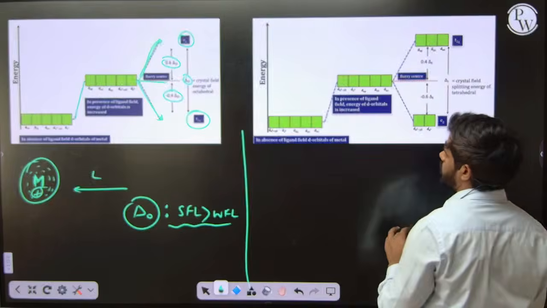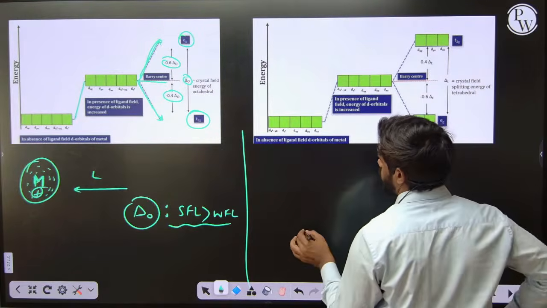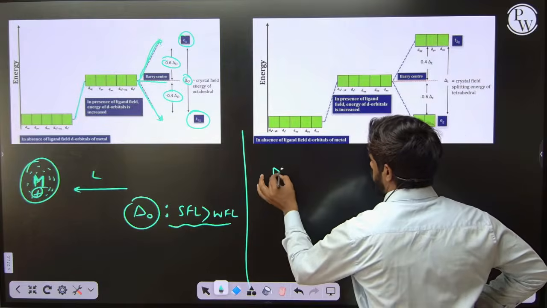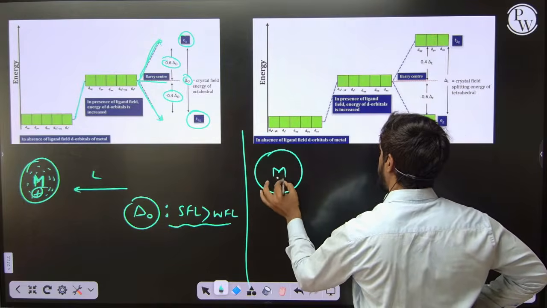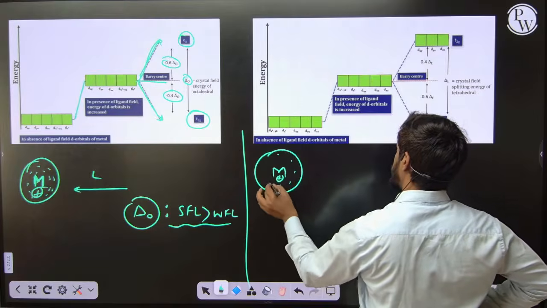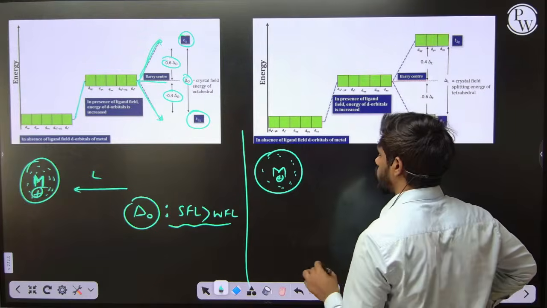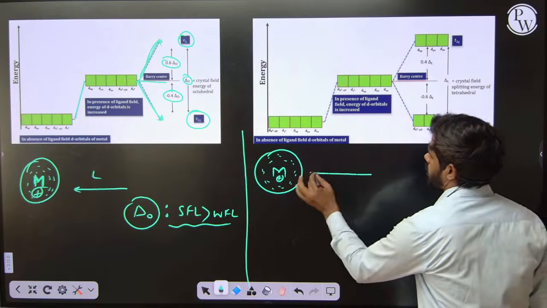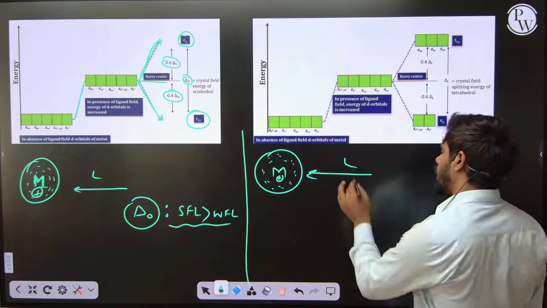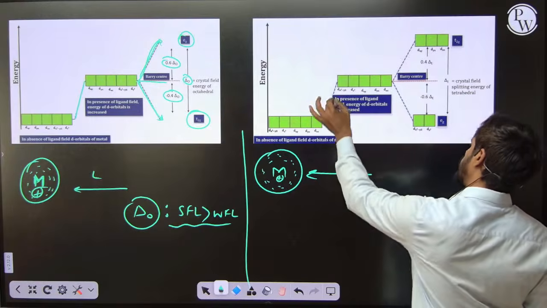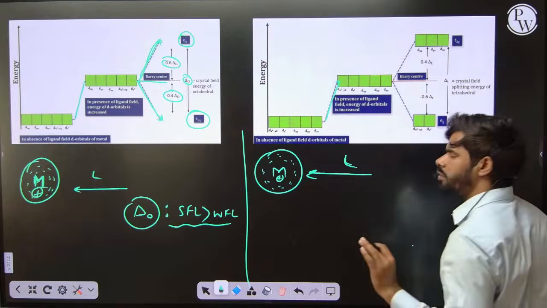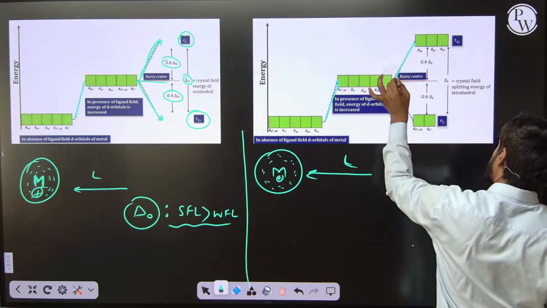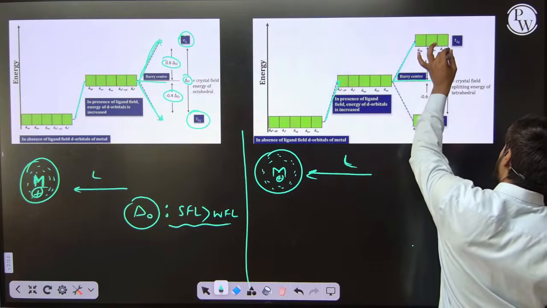Next, in case of a tetrahedral, splitting will also be there. That is one central metal having a positive charge. Around it there is an electron density, there is a field. When a ligand is coming, its energy will increase first of all, and there is a splitting of the d orbitals, and in between that there is a barycenter. The splitting is known as what?